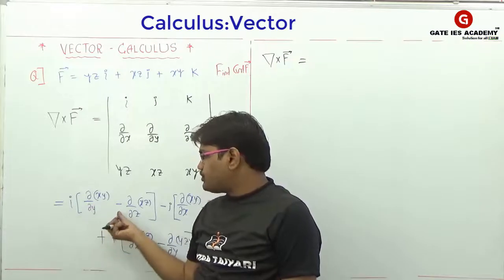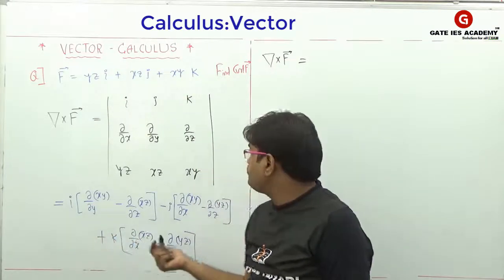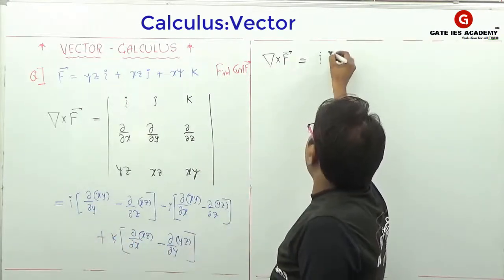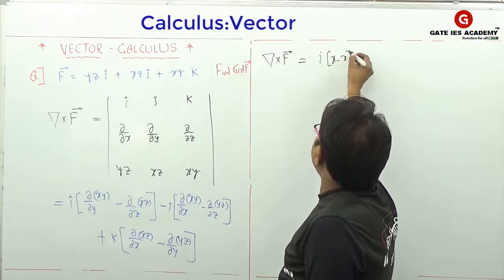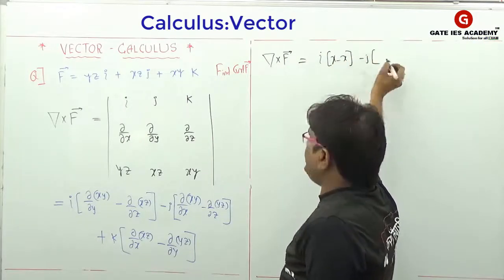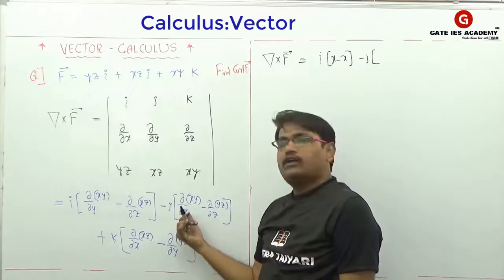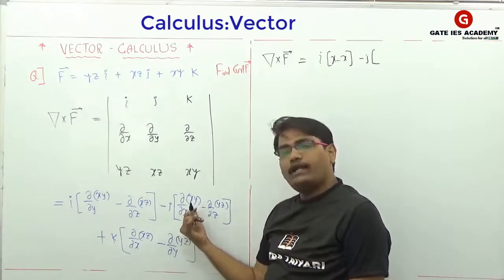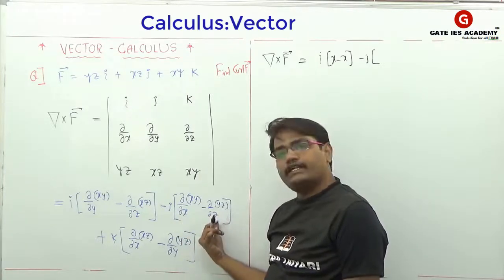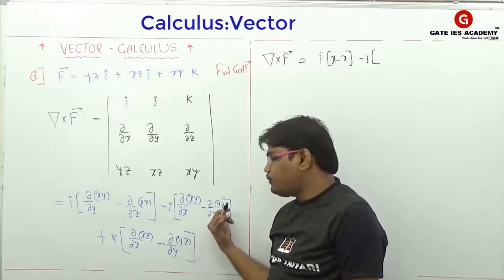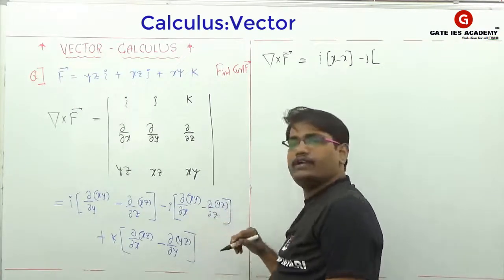So this becomes x minus x, right? So i into x minus x, minus j into, with respect to x of xy is y, and with respect to z of yz, z differentiation is 1, so y remains. So y minus y, right?